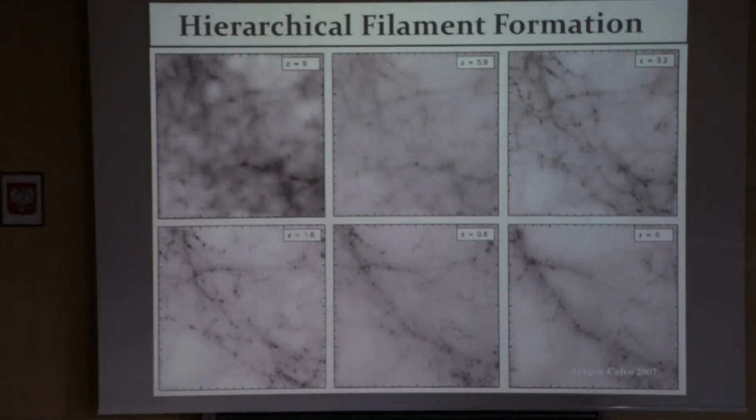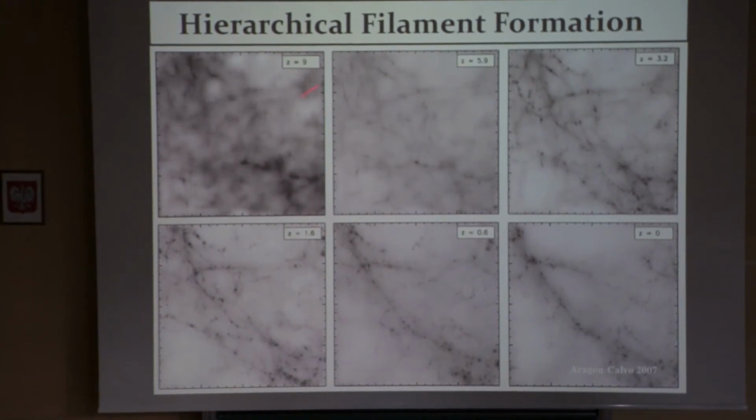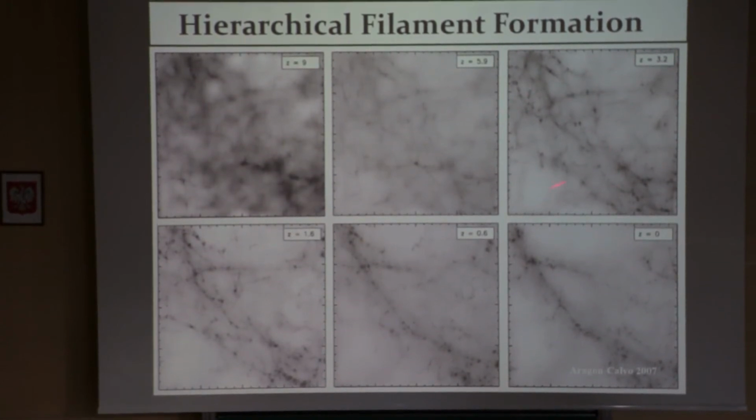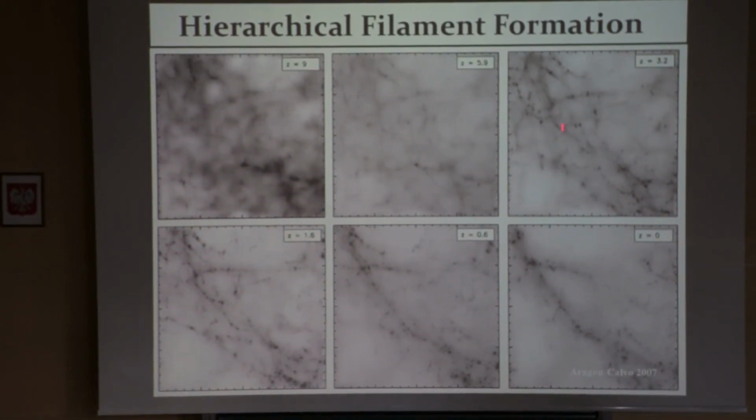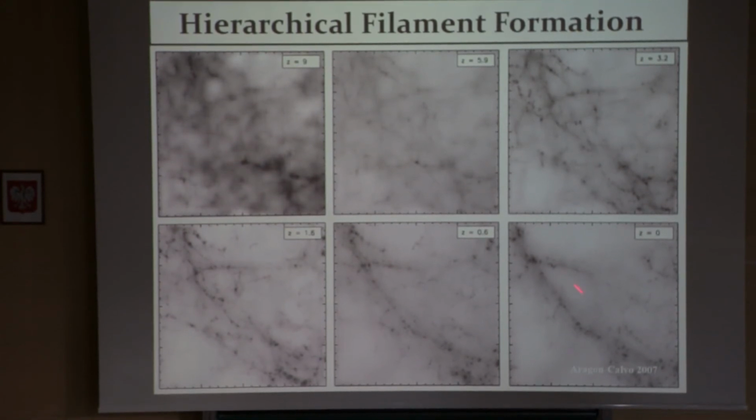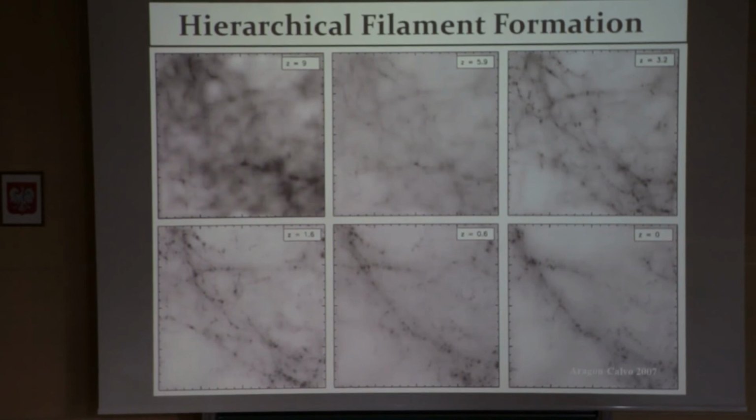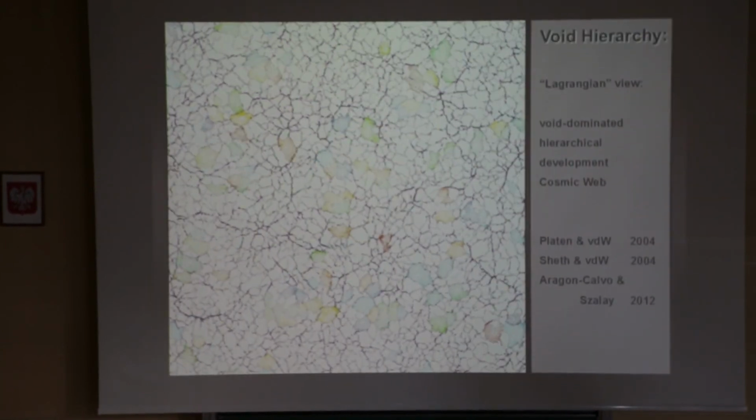But you can do the same for filaments, as I showed you. Here you have the initial mass distribution, and what you see is small tendrils. The small tendrils start to move towards the principal direction, and gradually they merge into a larger filament. And voids.